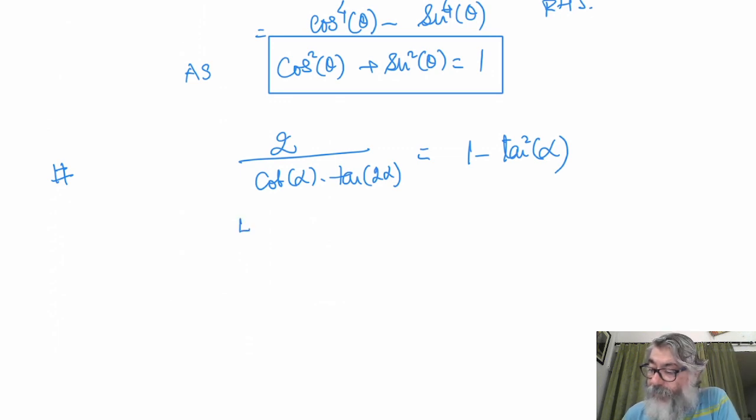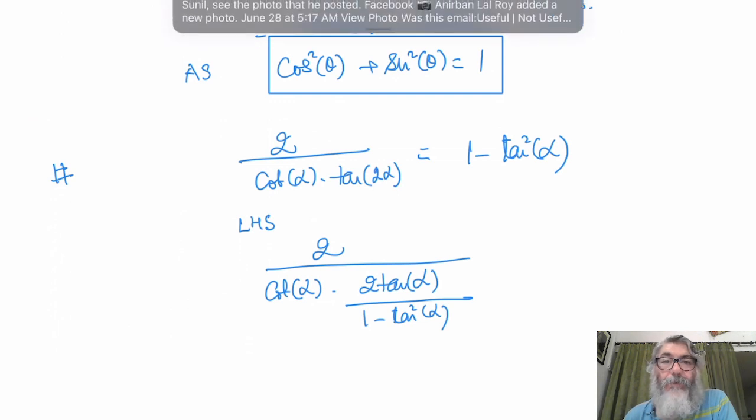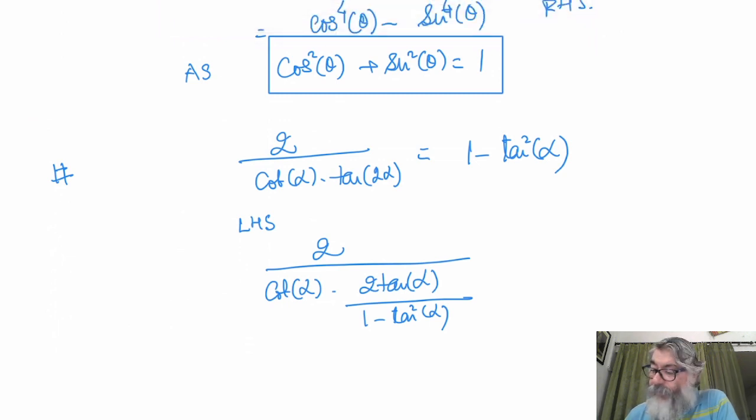So the left hand side is 2 upon cot alpha tan 2 alpha. We know the formula for tan 2 alpha: tan 2 alpha is 2 tan alpha upon 1 minus tan square alpha.